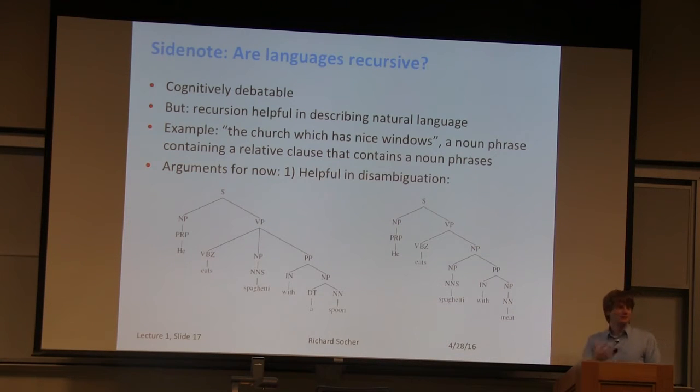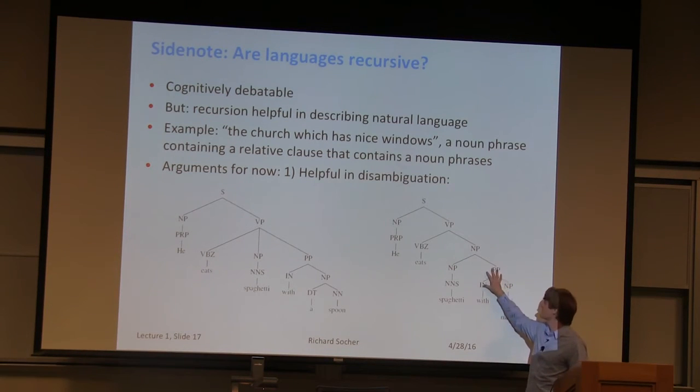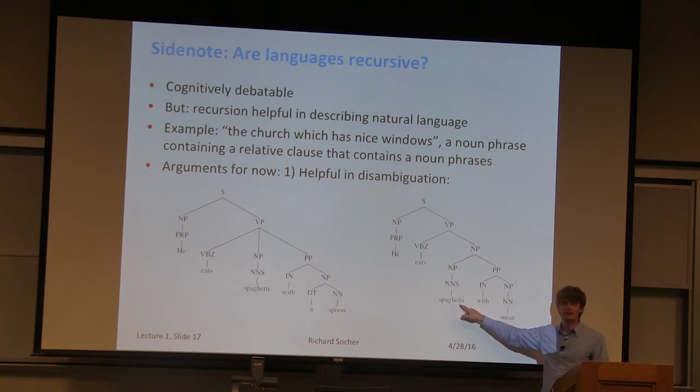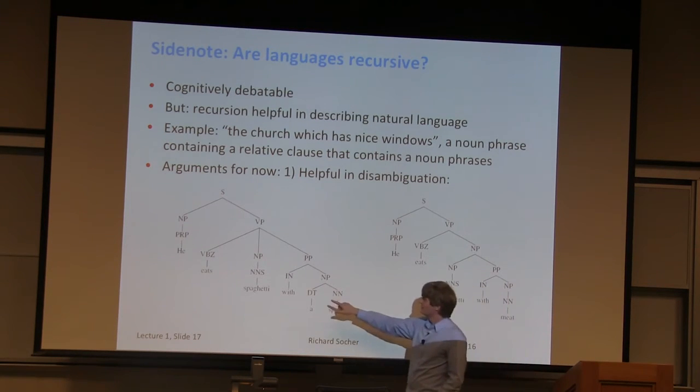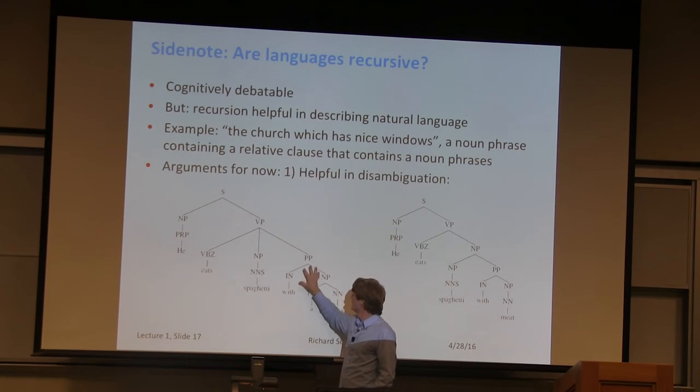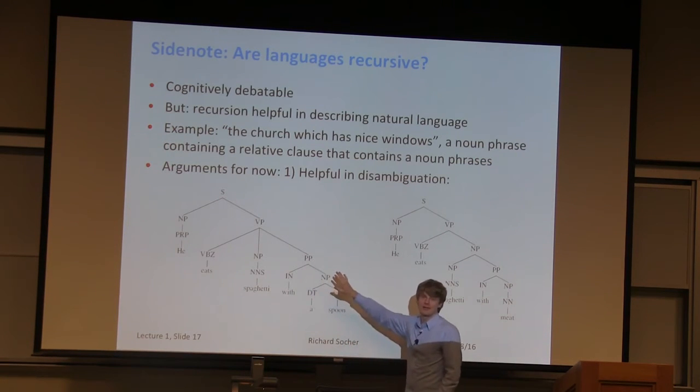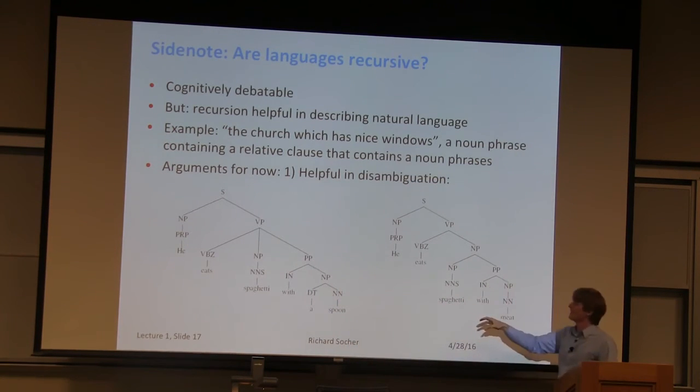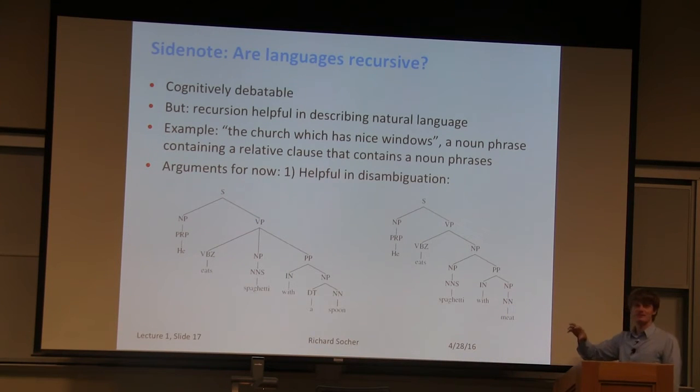Intuitively, for us it's very obvious. If I eat spaghetti with meat, then the PP with meat modifies what kind of spaghetti I'm eating. But he eats spaghetti with a spoon: with a spoon is also a prepositional phrase, but it actually modifies how I eat the spaghetti.